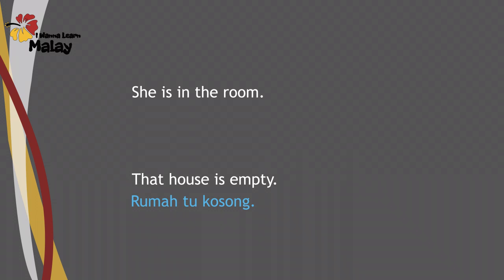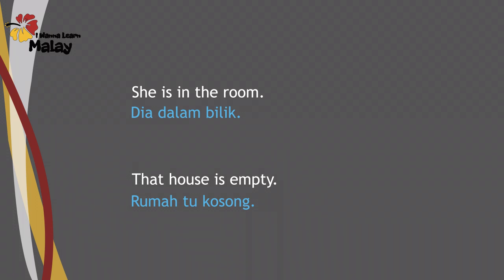The first sentence, the is not in the subject, but is part of the predicate or the object. The subject of the sentence is she. So because the is not part of the subject, you can keep it simple by just saying dia dalam bilik.